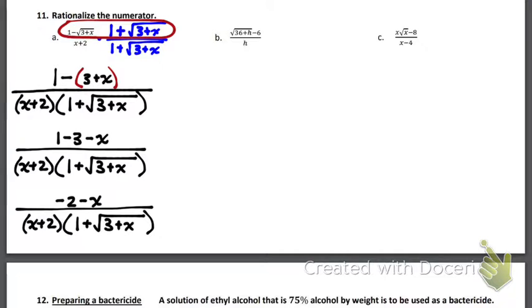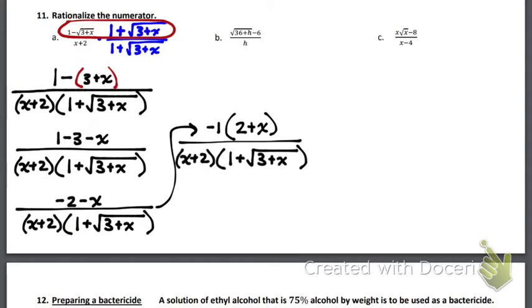I can pull a negative 1 out. I'm going to pull a GCF of a -1 out of here, and that would give me 2 plus x. Why do you think I wanted to do that? Yes, that is exactly the same thing as x plus 2, and so that's going to cancel. So I would have -1 over 1 plus the square root of 3 plus x.